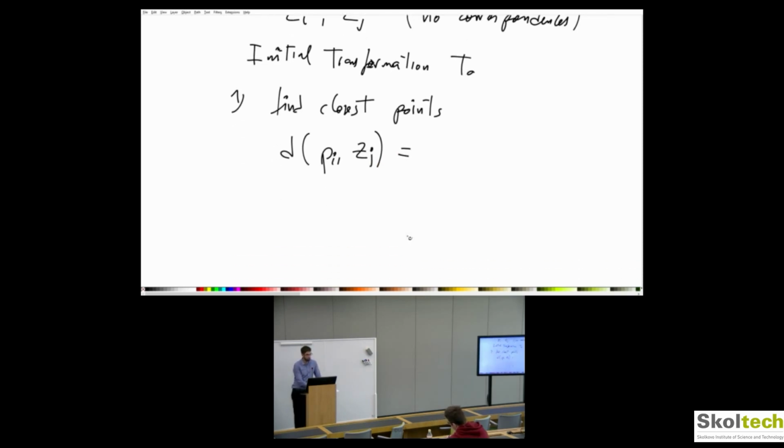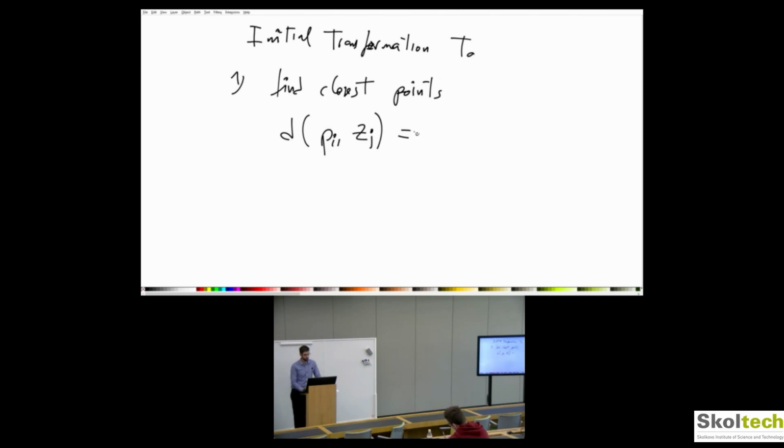So this minus the given point, right? This is going to be our given point. This is going to be all other points, right? And basically what we are finding is the minimum, the point that is closest to this point. So this point should be in the J, in the other point cloud, right?